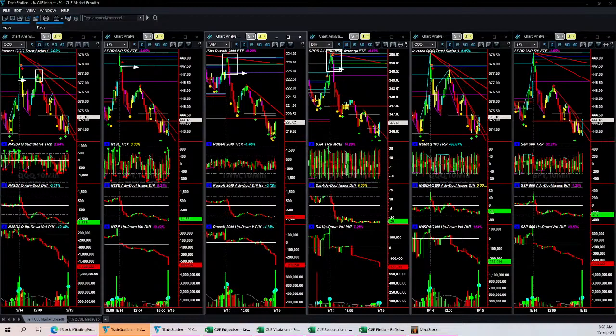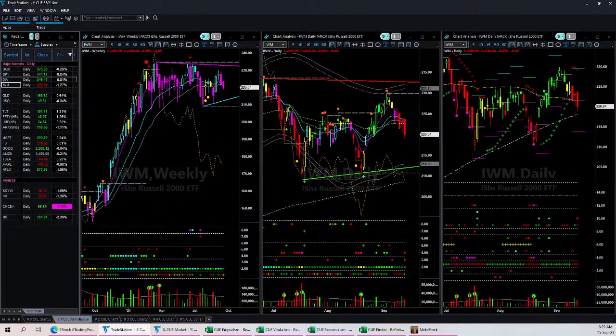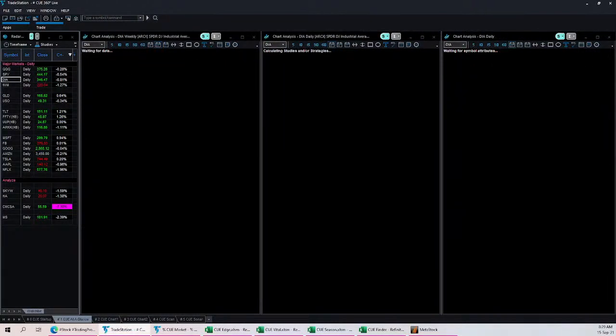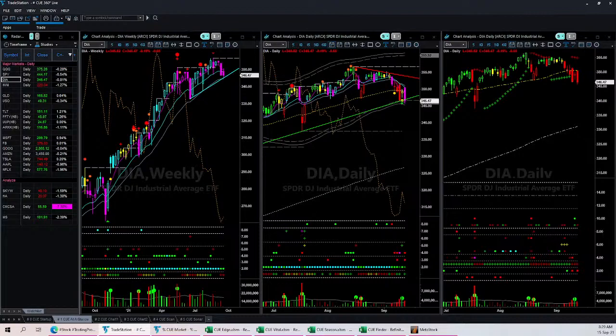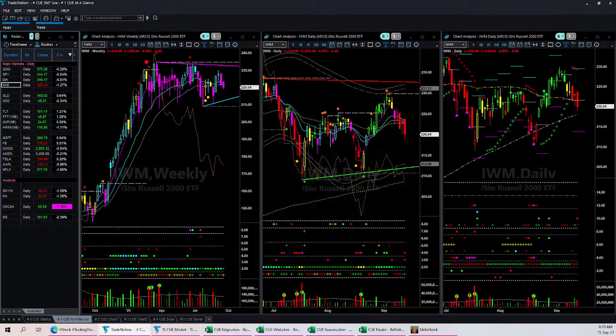IWM because both of them went above previous day's high. It actually opened, it seems, above previous day's high. Let's check that out. DIA, yes, it opened above previous day's high. And IWM, yes, it opened above previous day's high.